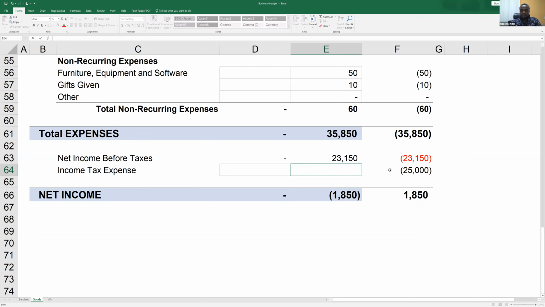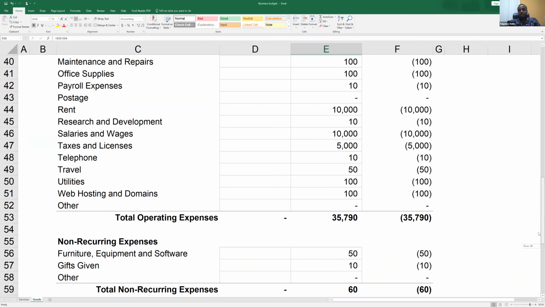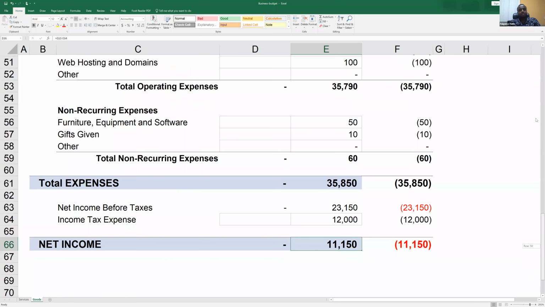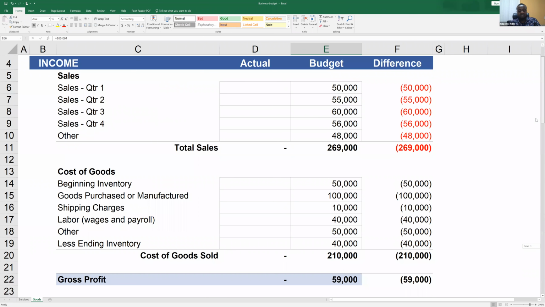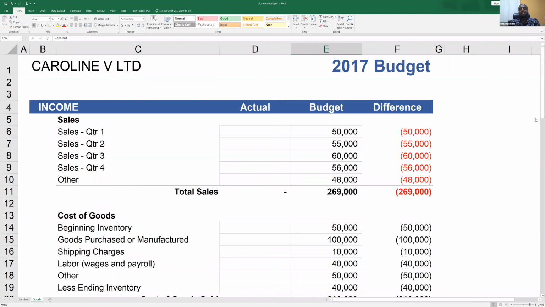We said it is 12,000, and this is your net income. So basically this one will help project whatever you're projecting for the whole year, right? Indicating everything. So this one is just a basic. We've just tried to say we are importing cars and this is the kind of business we are having.